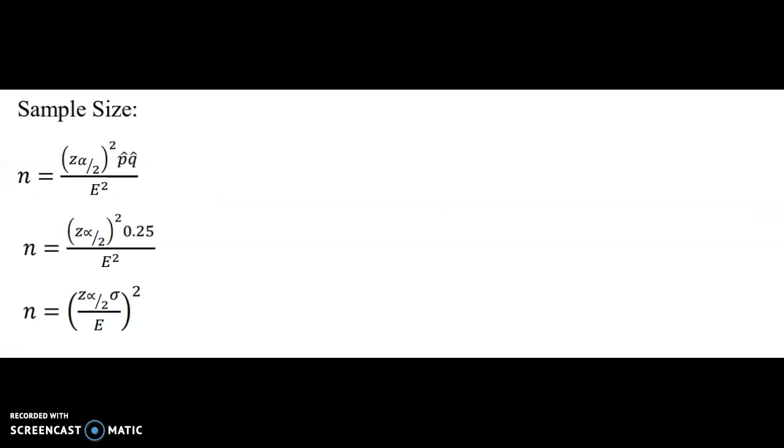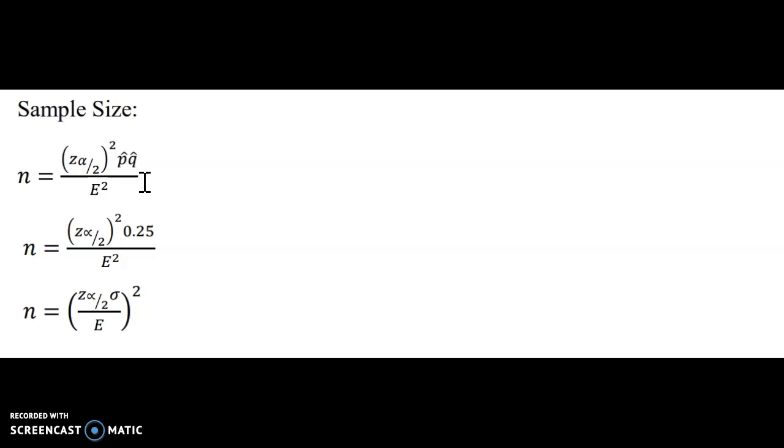The first thing to do is figure out which sample size formula we need to use. Sample size is represented by lowercase n, and they gave us sigma. p hat represents a sample proportion.